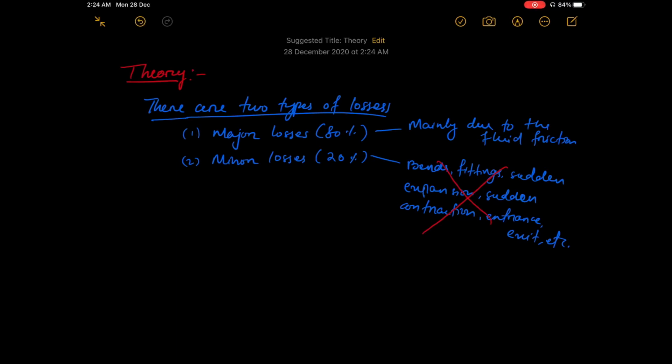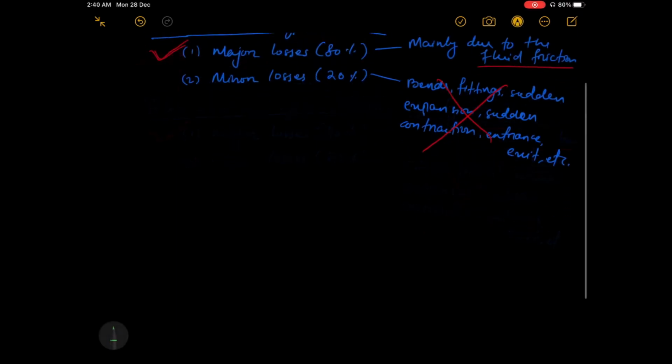So that means we can say all the losses or head loss between those 2 points is only because of fluid friction. To measure major losses, we use one equation that is known as the Darcy-Weisbach equation.